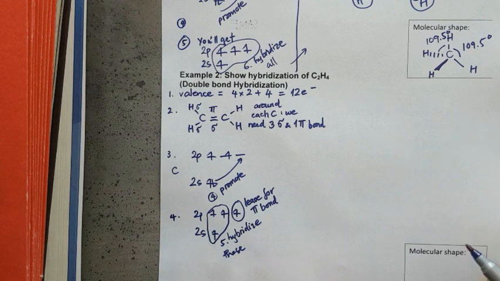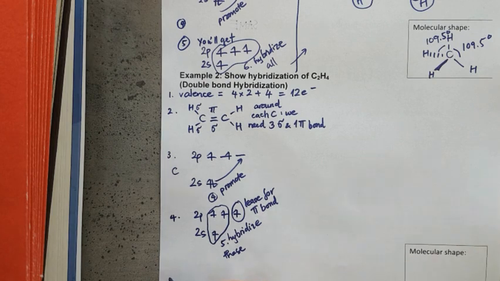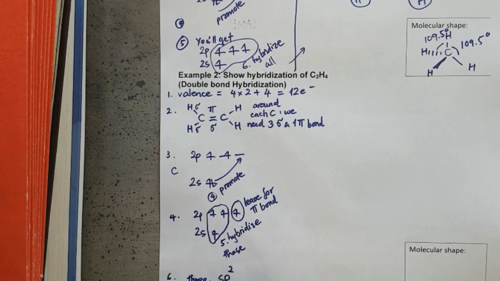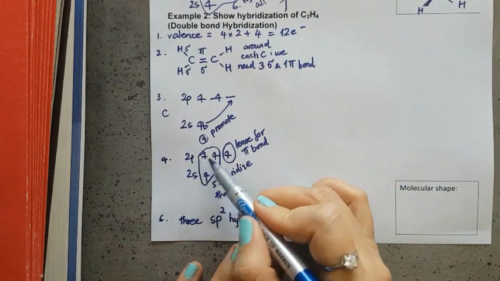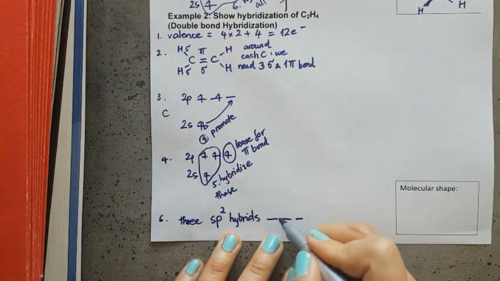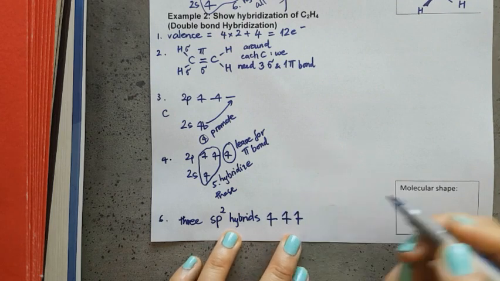All right, so now what would it look like next, okay? So the result of this we're going to see is we're going to form 1, 2, 3. So we're going to have 3 sp2 hybrids that are identical, right? Remember, I use 1 s and 2 p orbitals, so 1, 2, 3, they look identical this way.